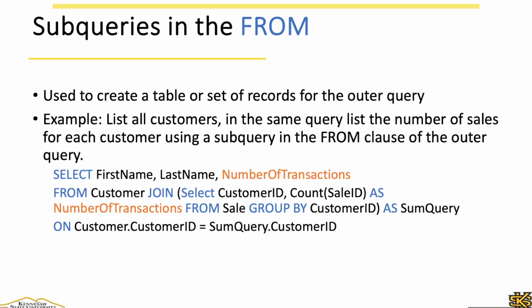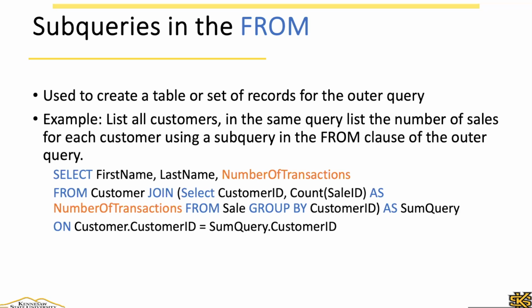We select first name, last name, and number of transactions from the customer table, which is joined with the result of the subquery. The subquery selects the customer ID and counts the number of sales, which is from the sale ID, for each customer, grouping the result by customer ID.